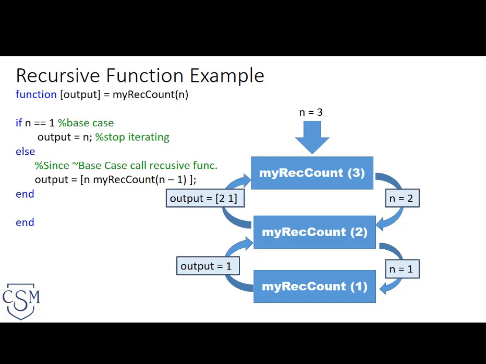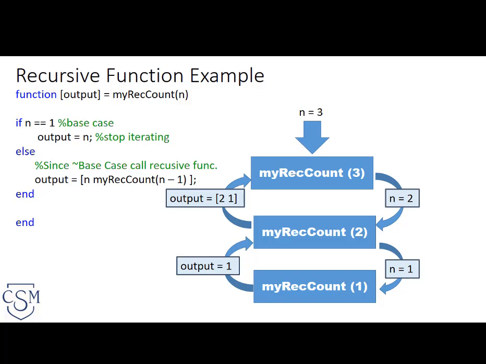Remember that it was in the middle of the code, it had put a 2, and then whatever this output returns, which is 1, so it's 2, 1, and then it'll finish my recursive count 2. It's going to pass up the output 2, 1. And now recursive count 3 will finish its job.